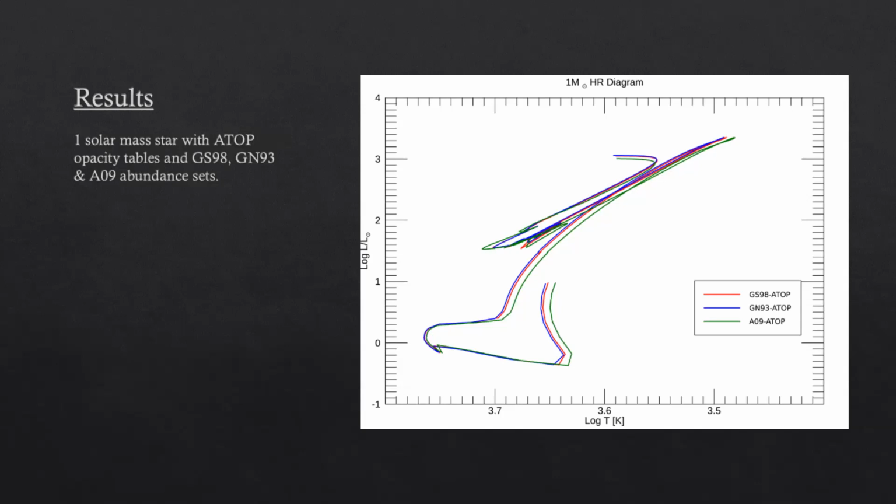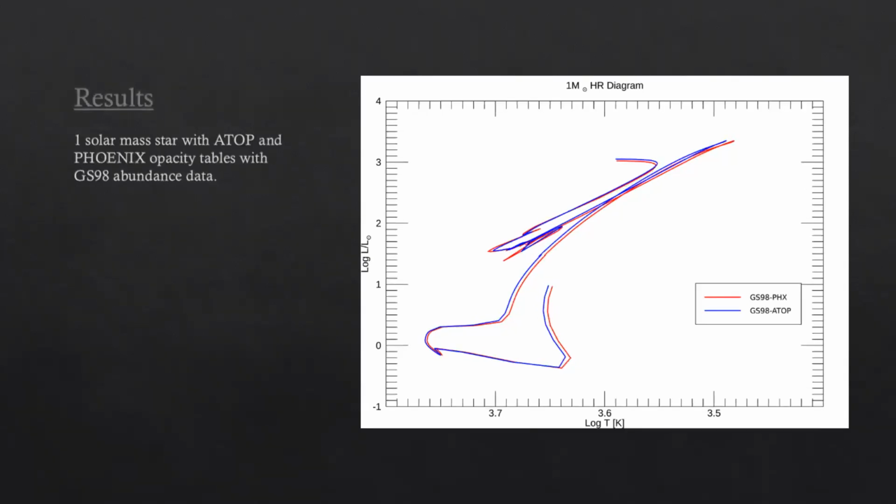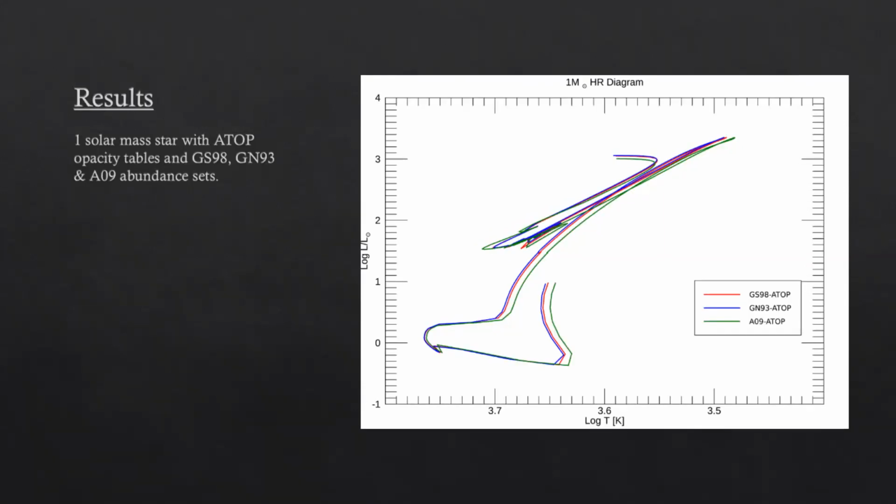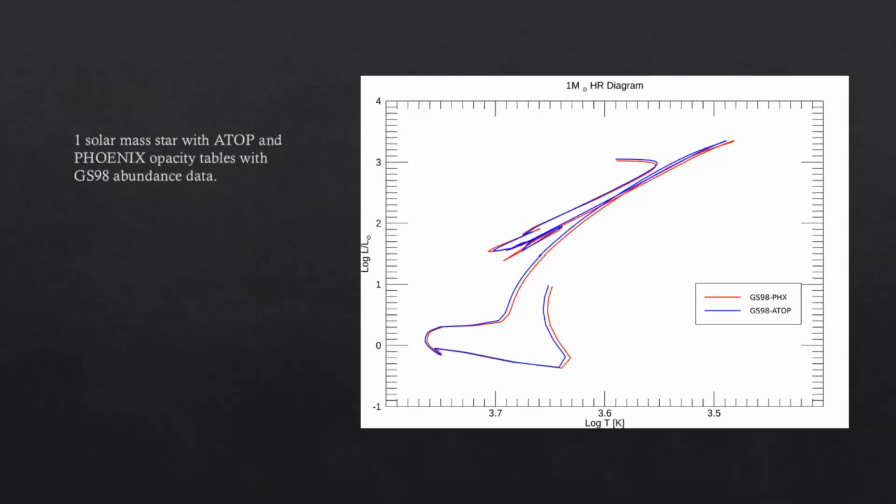During the main sequence all three are pretty close, but after, in the red giant branch, the A09 was very different. It seems like in the final phase they're actually hotter, to the left. Yes, to the left. The most visible difference seems to be in the red giant branch for now.